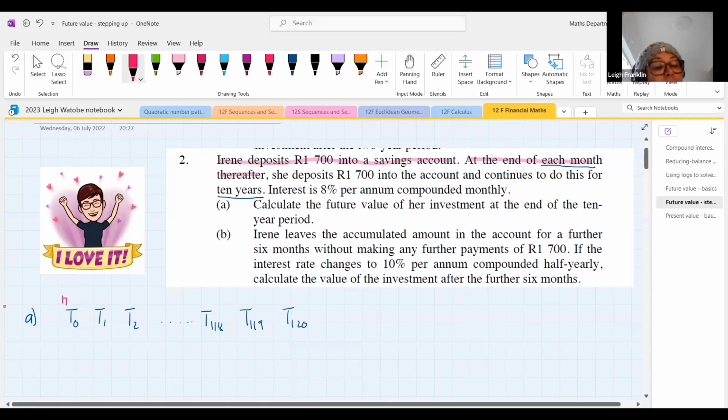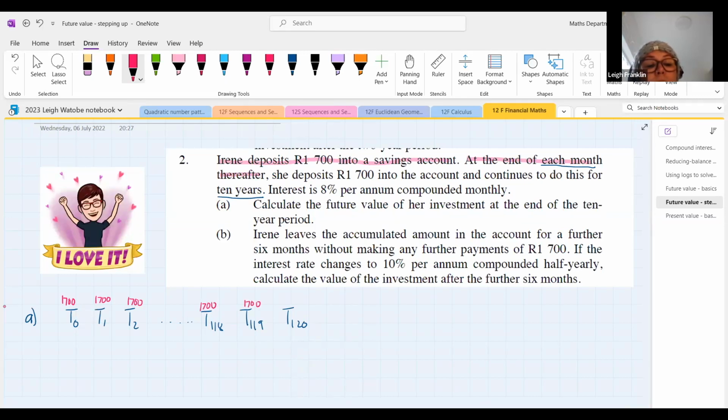So we've got 1,700 going in here and there, and every single month all the way through to the end. The interest rate doesn't change. It's 8% per annum. So that's 0,08 divided by 12.